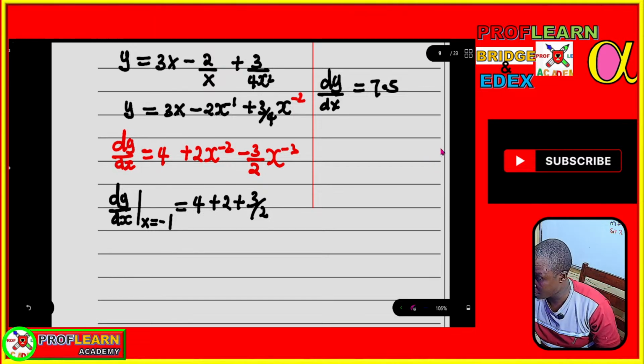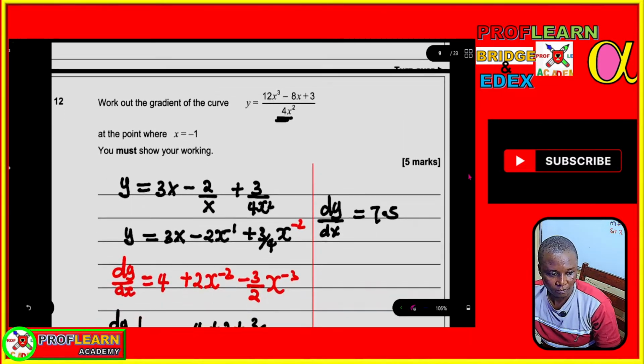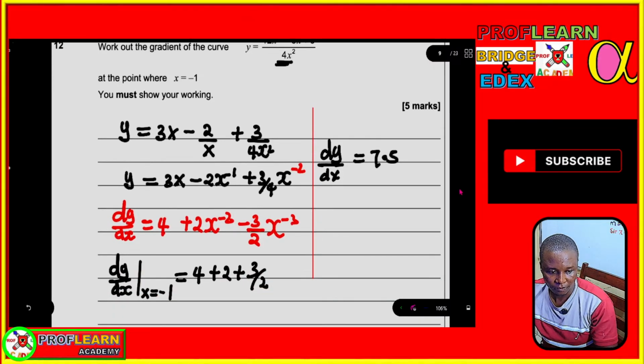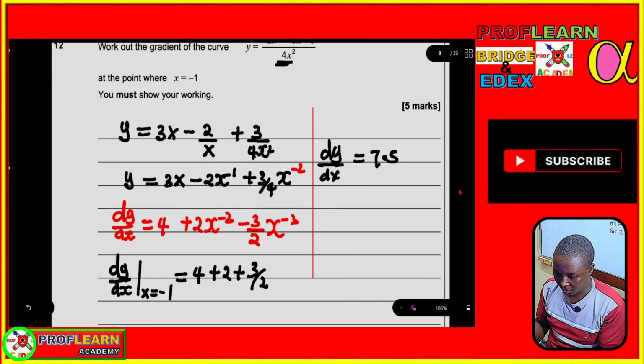Is it 7.5? Need to check. What is dy/dx going to translate to?